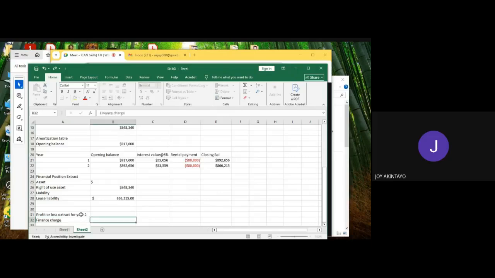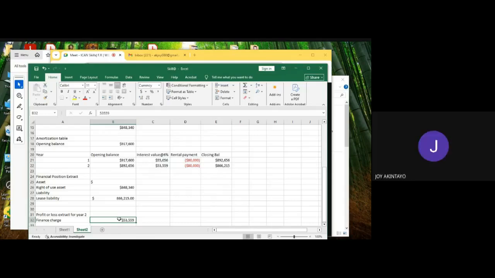How much is the finance charge? Which is the interest rate for the second year, which is 53,559. That's the finance charge for the second year. That's all. Do you understand?